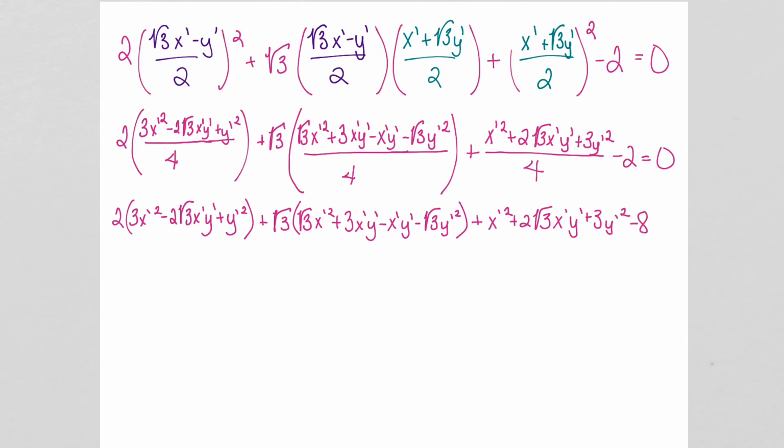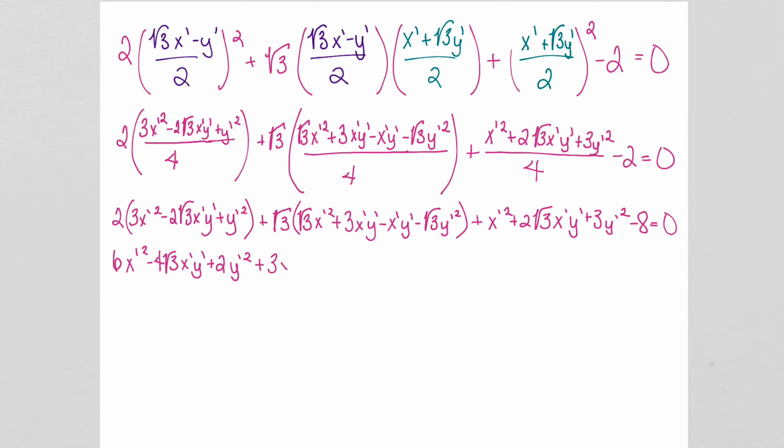Minus 8, because we multiplied by 4. There. And then distribute. So first we distribute the 2. So we've got 6 x prime squared minus 4 root 3 x prime y prime plus 2 y prime squared. Then distribute the root 3.